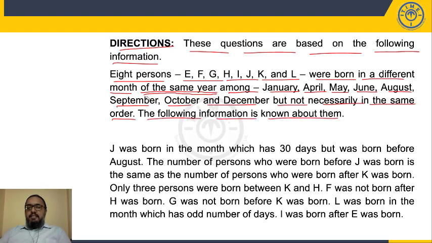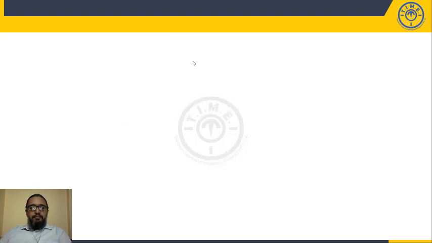Now when he says of the same year, that should tell you that we will have to fix the months. So once we fix the months in the given order, because he says of the same year, based on the conditions we can fix the persons. Got it? So we have Jan, April, May, June, August, September, October, December.